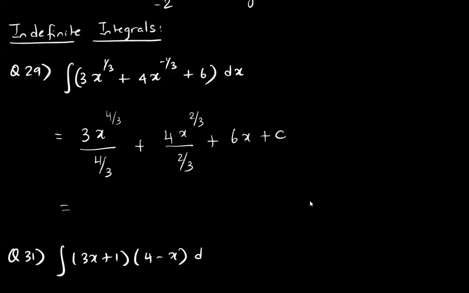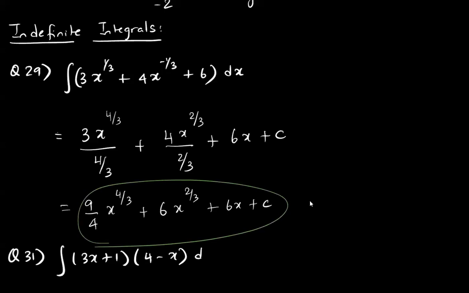Simplify this. This can be written as 9/4 x to the power of 4/3 plus, this is 12 over 2, so 6x to the power of 2/3 plus 6x plus c is your answer to this indefinite integral.